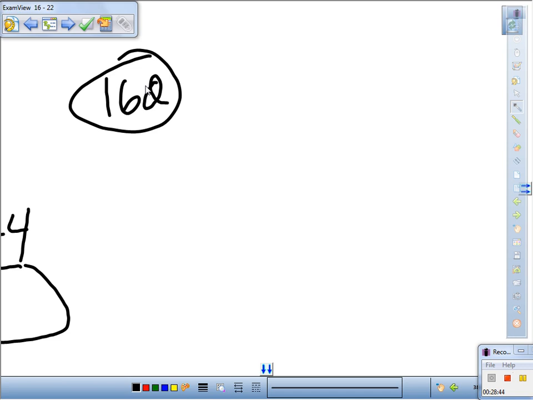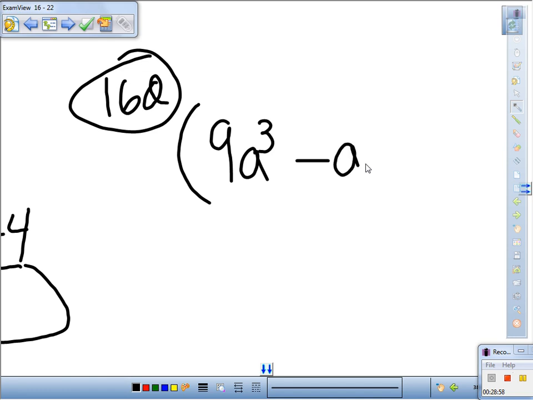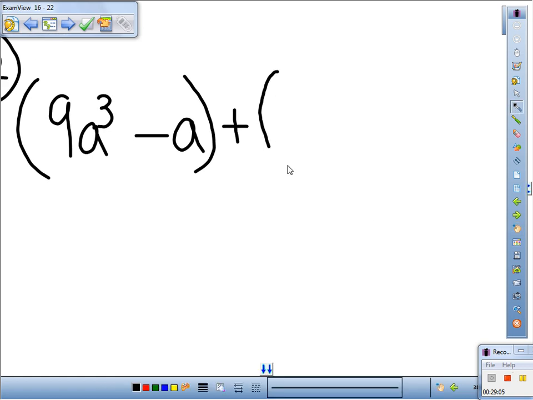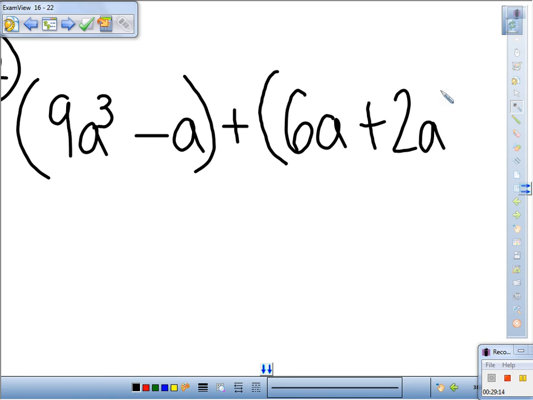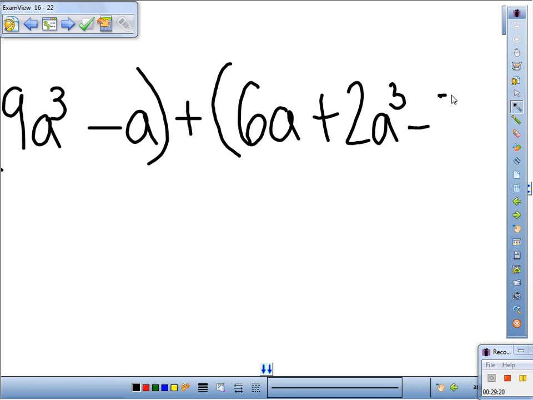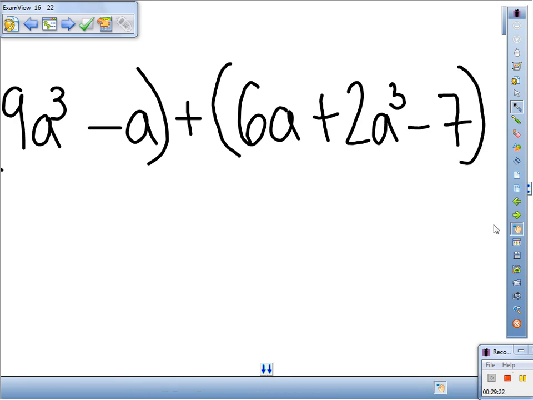Let's do parentheses, 9A to the third minus A, close parentheses, plus, open parentheses, 6A plus 2A to the third minus 7. Let's see what you get for that. Go.